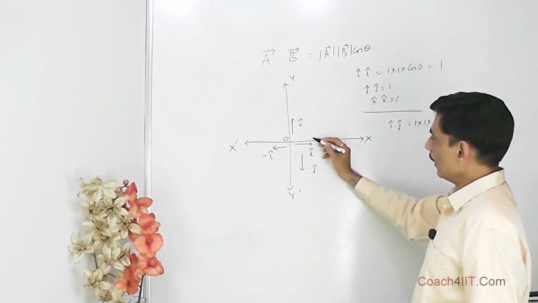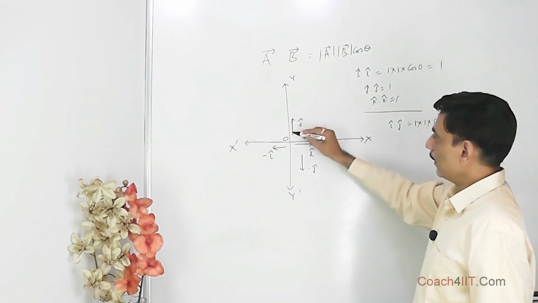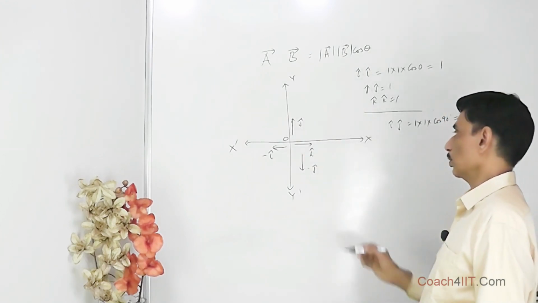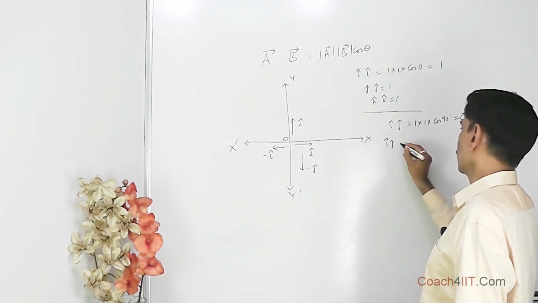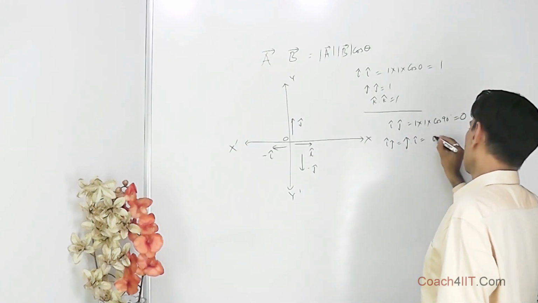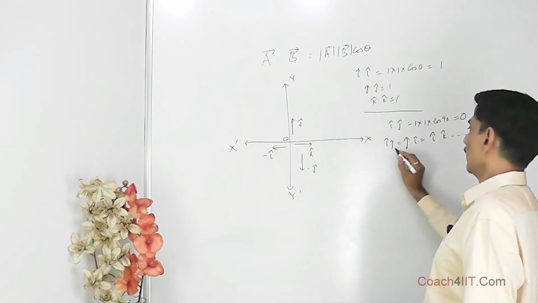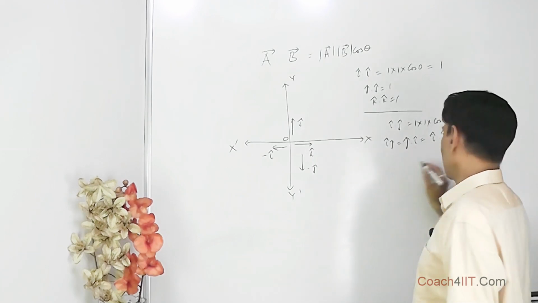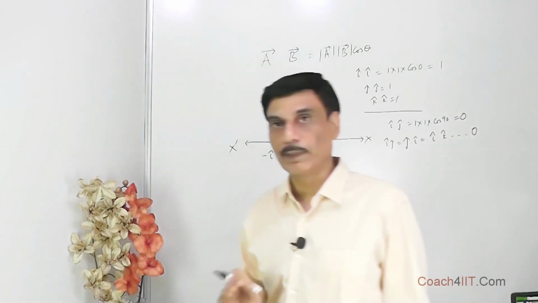Similarly, I dot minus j is also 0, and j dot minus I is also 0. So I dot j is equal to j dot I is equal to I dot k, and whenever they are two different vectors among I, j and k, it is cos 90, which is 0. This is one thing we have to remember.